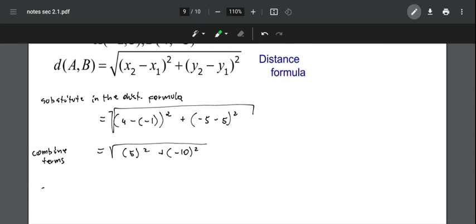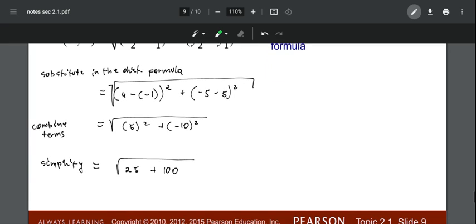Now we're going to simplify. So we're getting 25 plus 100. And that will give us the square root of 125.